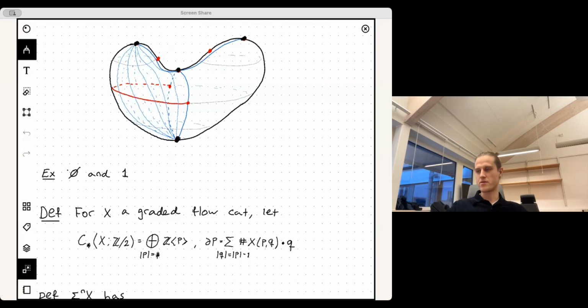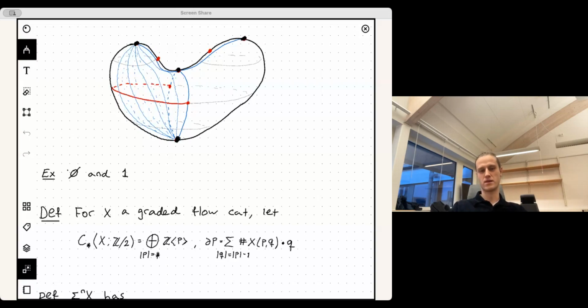In Floer theory, on the other hand, which can show up in many contexts, but in particular in symplectic topology, you often have some kind of geometric setup, maybe some differential equation like a PDE that you would want to look at the solutions to. And the solutions form a flow category, basically. Okay, you have to do a lot of work to prove that, with transversality and lots of hard stuff.